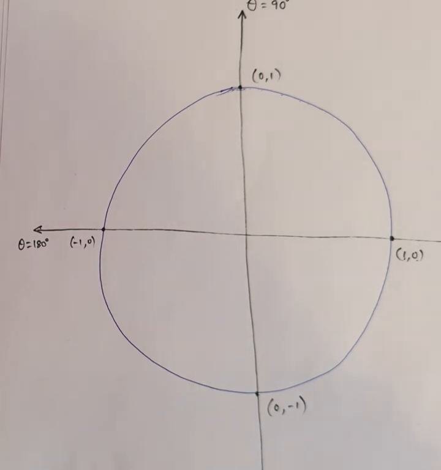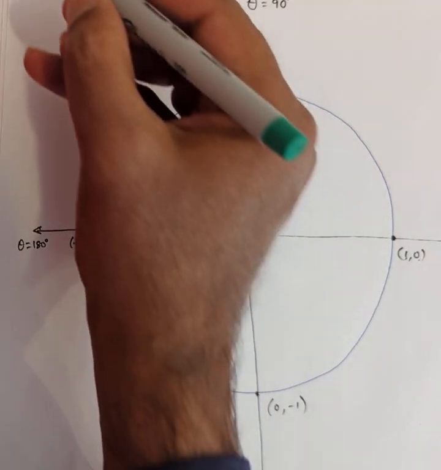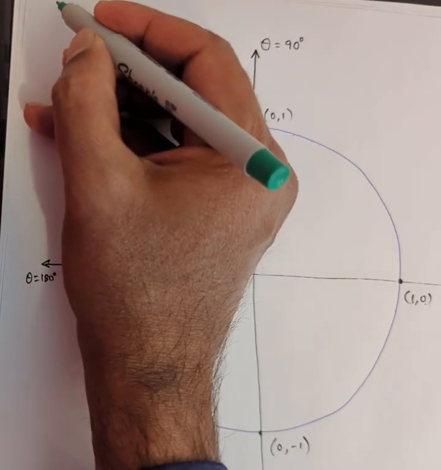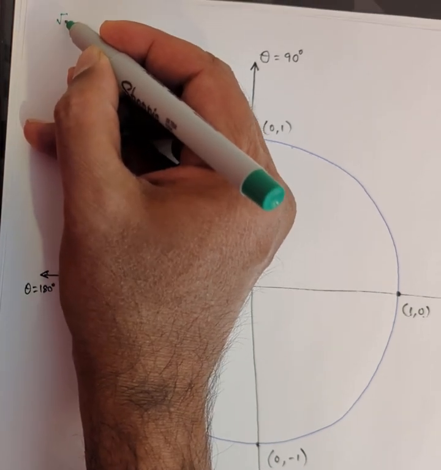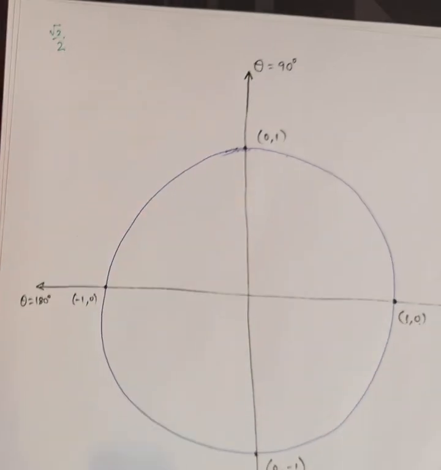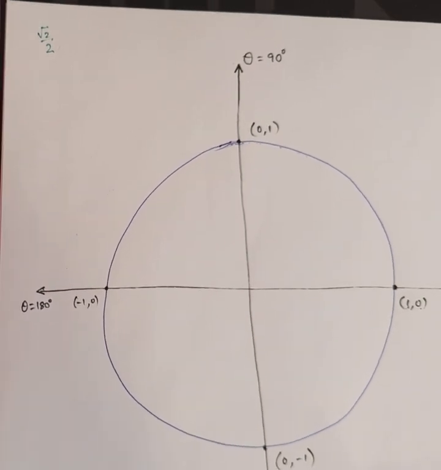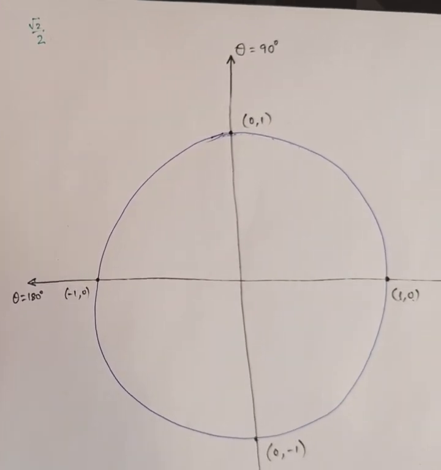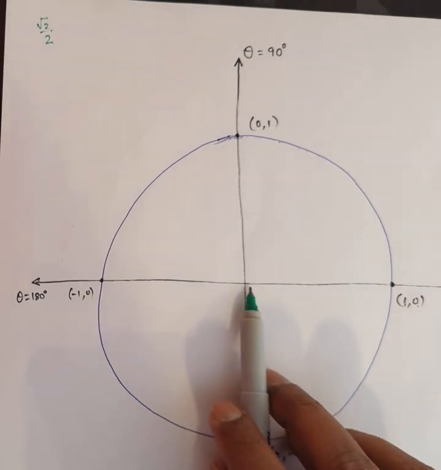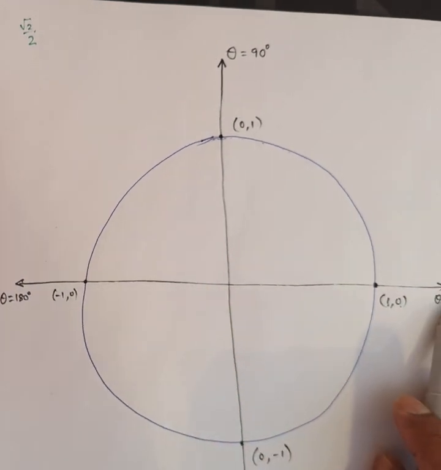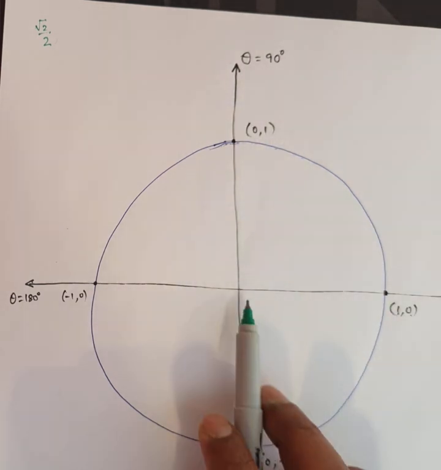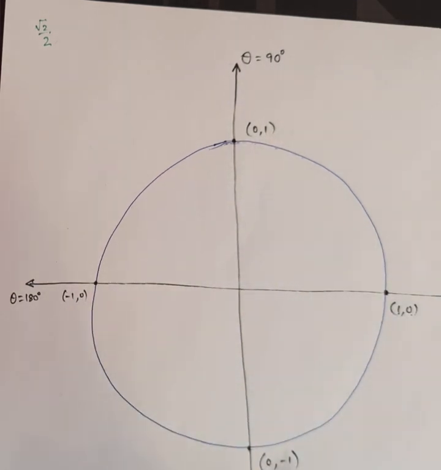And if you can remember just one number, one fraction, and that would be square root 2 over 2, then you can get 4 more points on the unit circle. So I would like to think of this as east, north, west, and south directions.